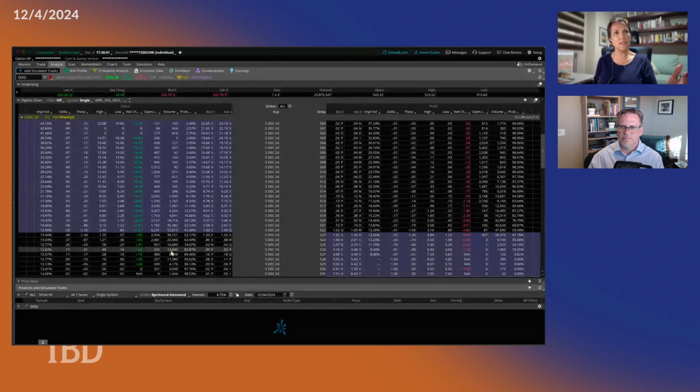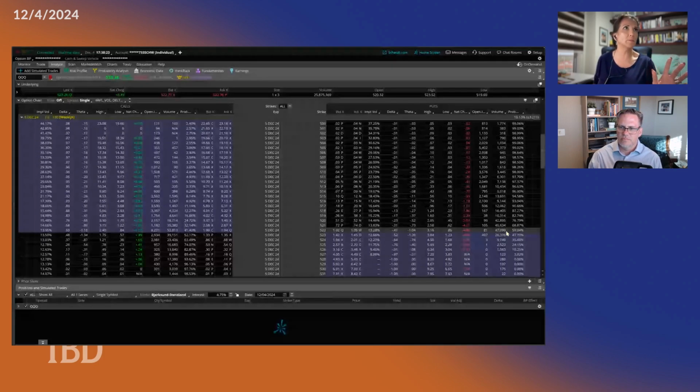So you'll see them move during the course of the day. The same thing will happen here. If these guys continue to move up, you're going to see these numbers move down with it. Now, the reason that they're so tight together into the close, let me show you what priced it.